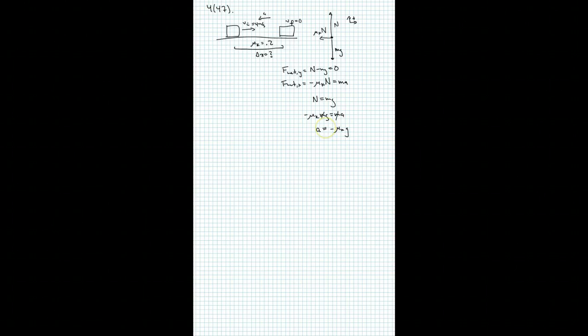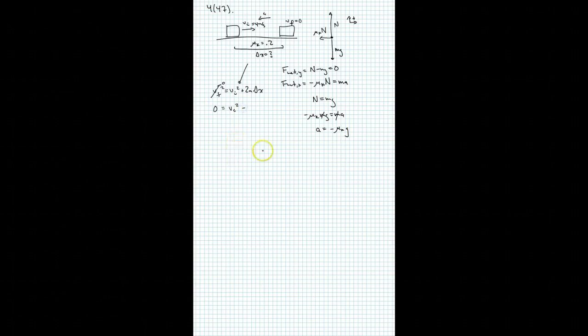All right, now that I have this, I can go back and look at my kinematics. I know vi, I know vf, I know a now is negative mu sub k g, and I need to find delta x, so I'm going to use this model. Vf is 0.